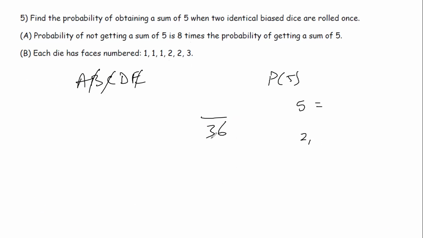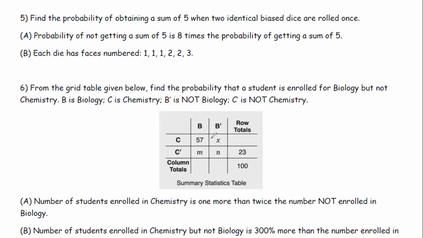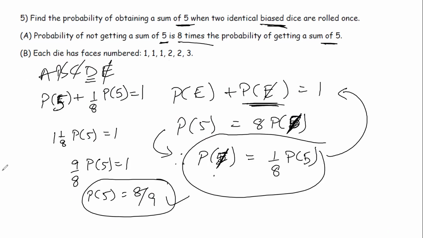So let's just find out what we did for the probability of getting a sum of 5. So there's 1 by 9 and 8 by 9. The probability of not getting a sum of 5, I think we worked it out the opposite way. Correct. My bad.